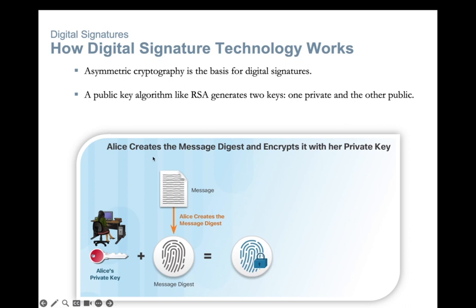So Alice creates the message along with a digest of the message. The message goes through a hash function, which generates a digest, and she then encrypts this digest with her private key.